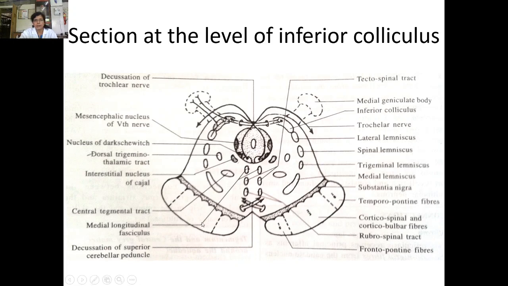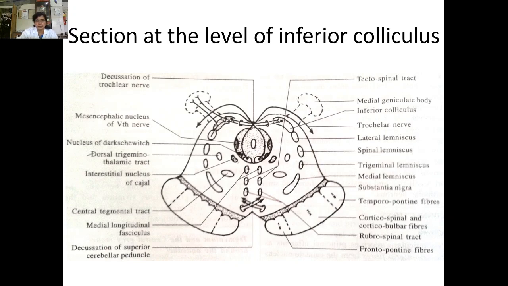Then dorsal to the substantia nigra, there is the tegmentum, which is occupied by various ascending tracts. The first prominent feature in the tegmentum, just dorsal to the substantia nigra, is the decussation of the superior cerebellar peduncle fibers. Fibers of the superior cerebellar peduncle mainly arise in the nuclei of the cerebellum, that is the dentate nucleus, nucleus emboliformis and nucleus globosus.